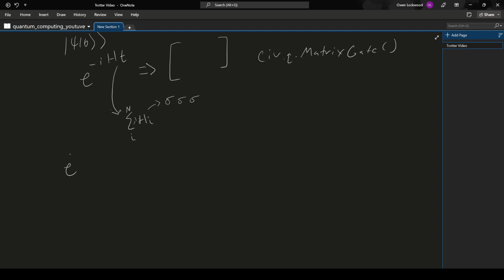We have this saying that if we have our sum here, where we have i to n of our Hamiltonian terms, and then we have t, you can move it to either side, it doesn't matter. This is equal to the limit as n goes to infinity of the product here, where this is product, not sum, of e to the negative i h_i t.